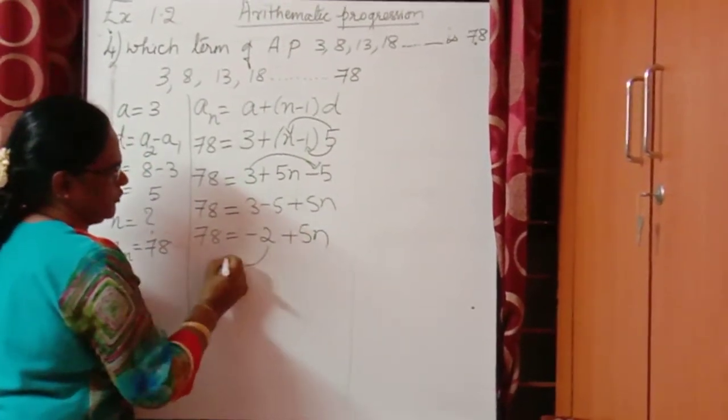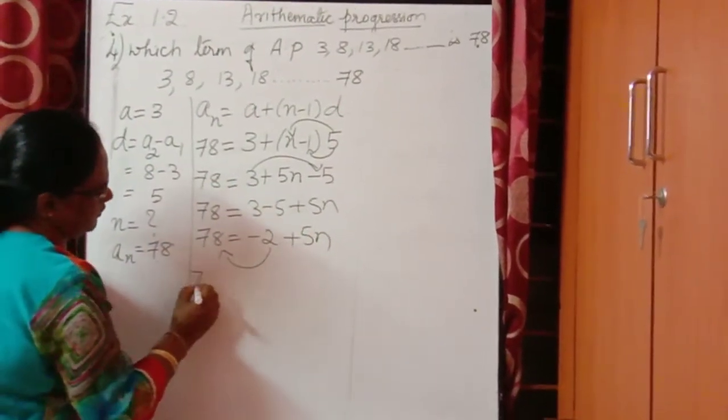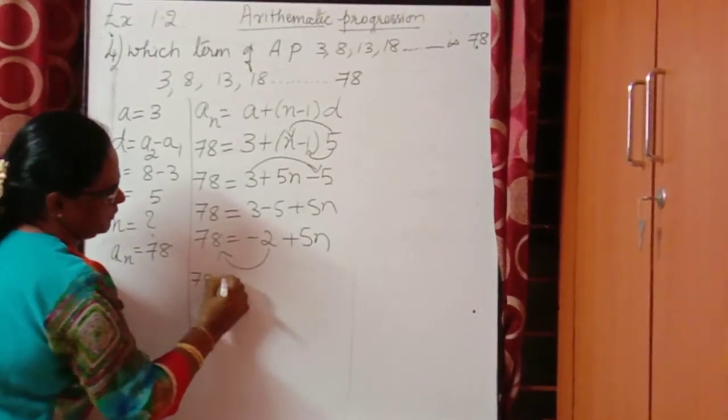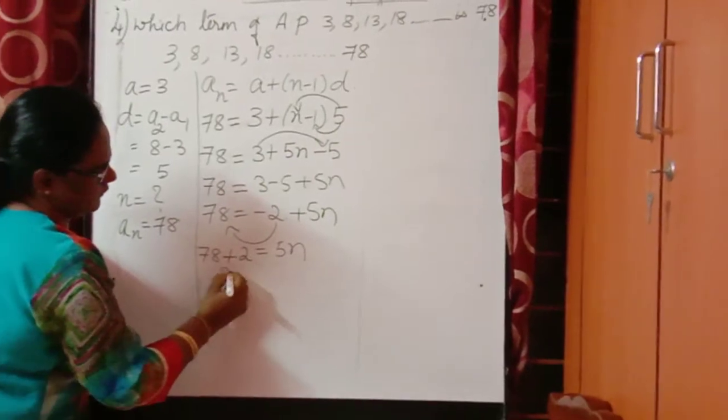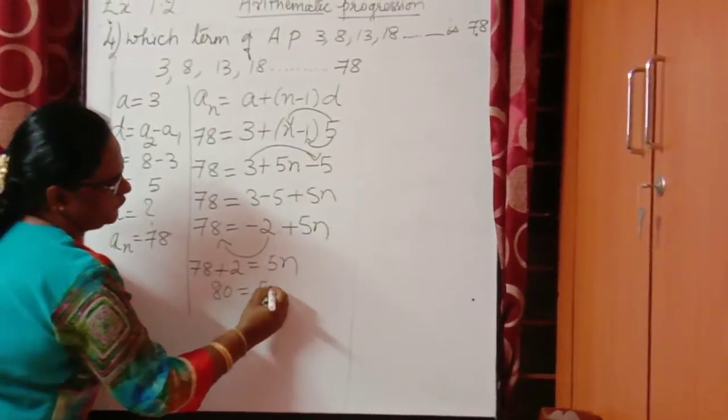Now shift minus 2 here, that becomes 78 plus 2, is equal to 5n. 80 is equal to 5n.